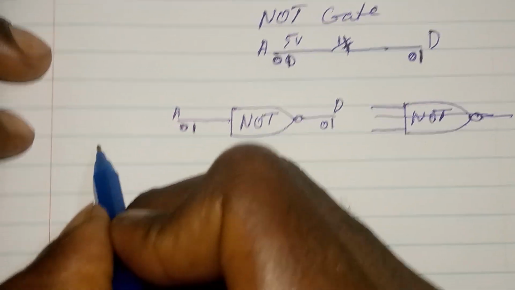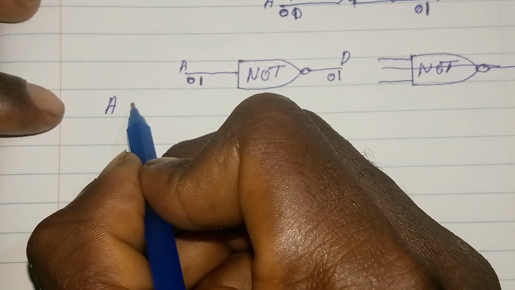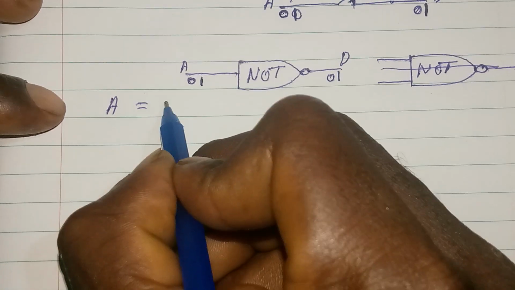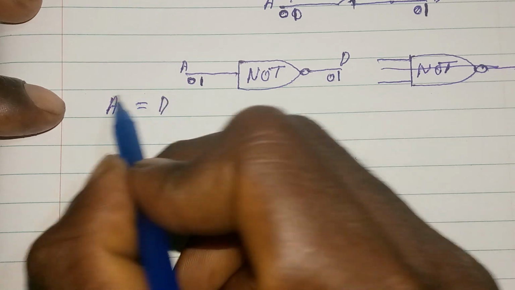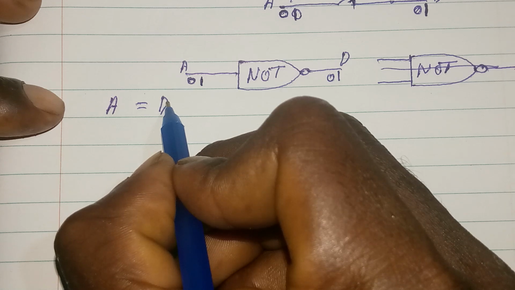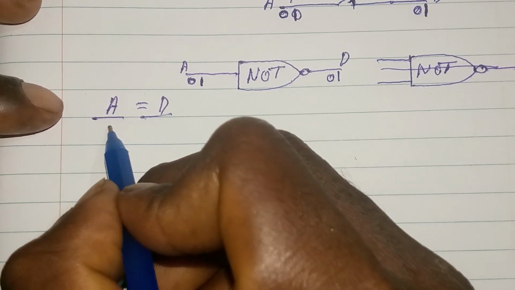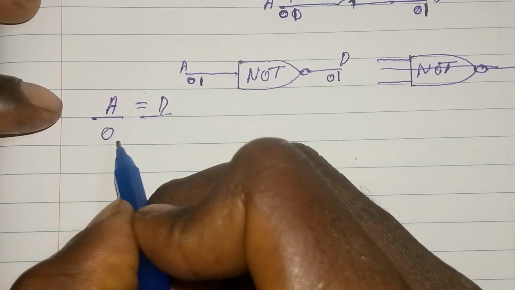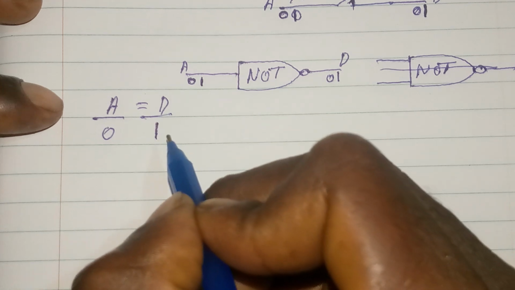So the truth table here, A is equal to the inverse of D here. So if A here is 0, then the output will be 1.